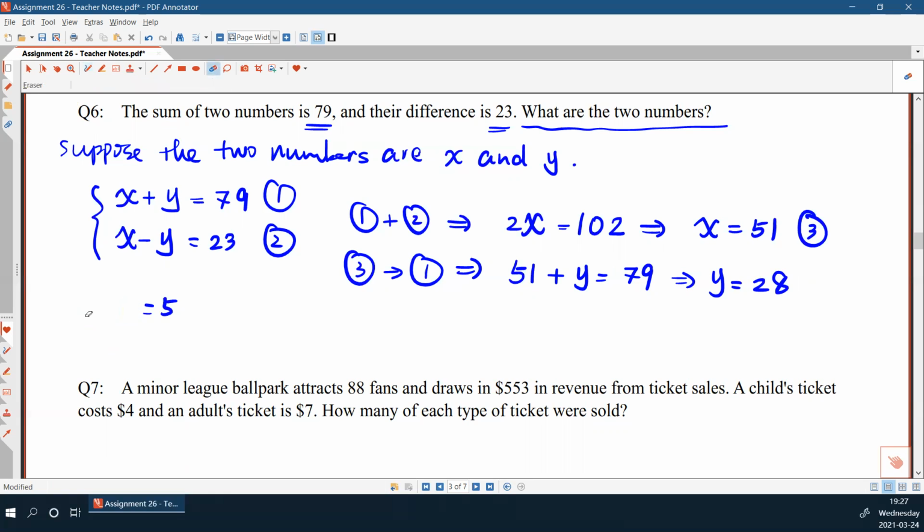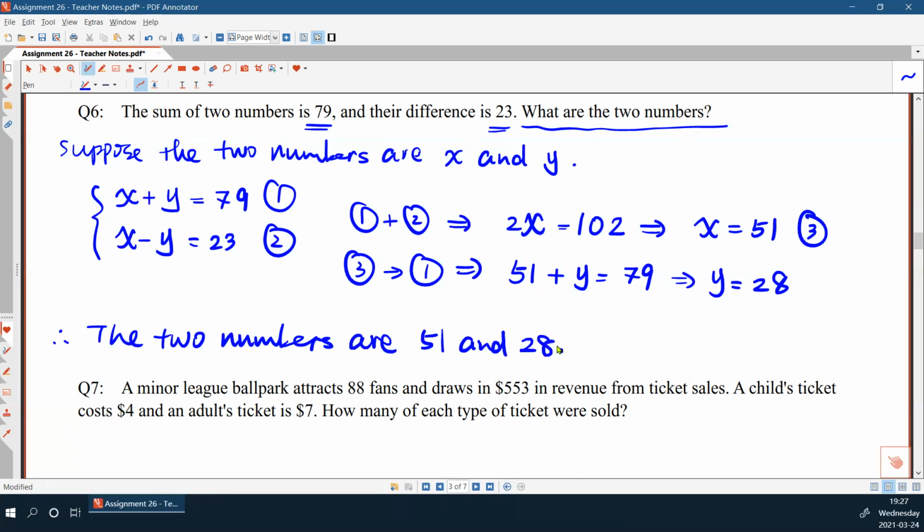Oh, actually, you don't have to write these. Let's make a conclusion. So the two numbers are 51 and 28. Okay, it's better to write this sentence here to tell the reader that the two numbers you're looking for are indeed 51 and 28 to make the statement clear.